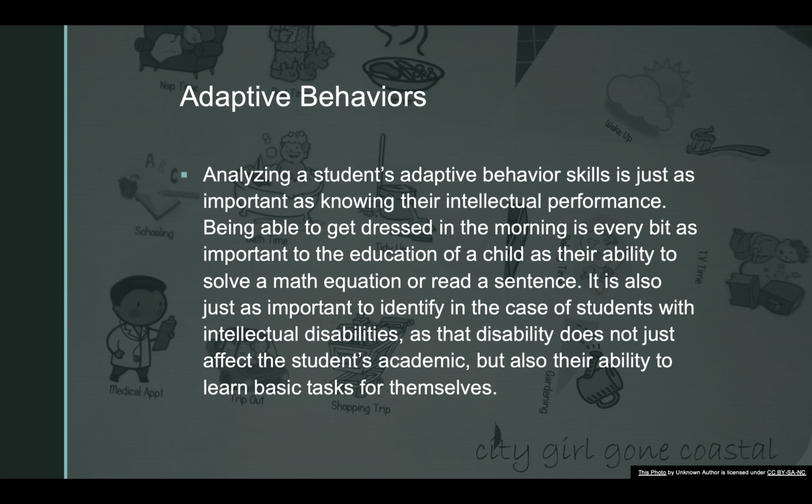It is also just as important to identify in the case of students with intellectual disabilities, as that disability does not just affect the student's academics, but also their ability to learn basic tasks for themselves. So this means that in terms of intellectual disabilities, adaptive behaviors are half of the key to determining whether a student has an intellectual disability.